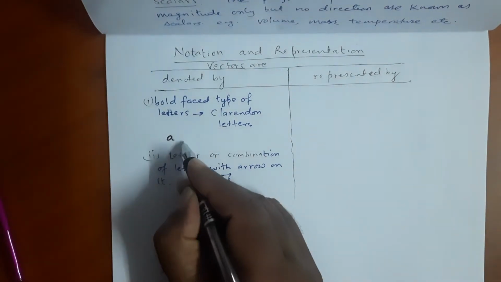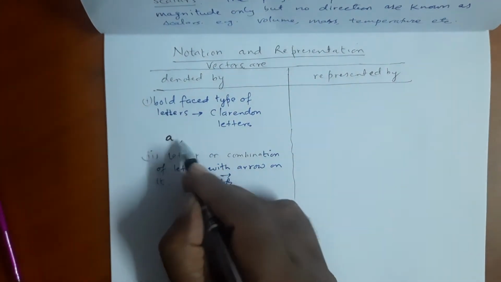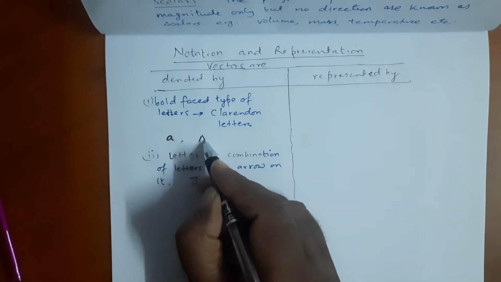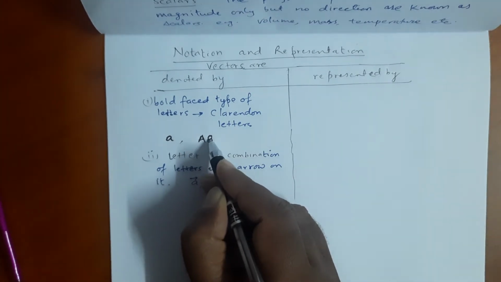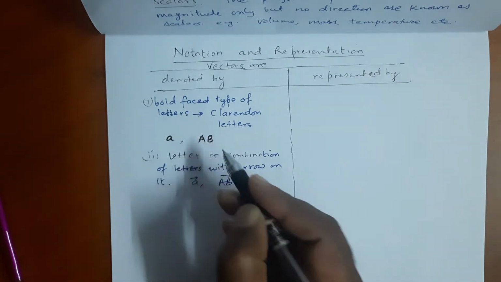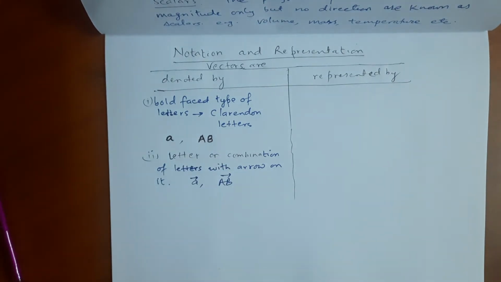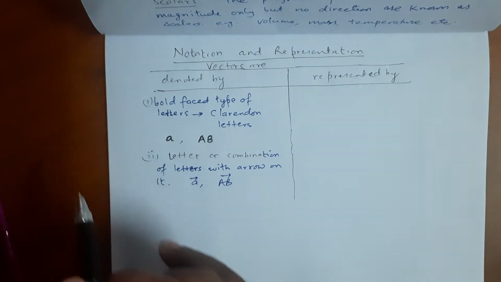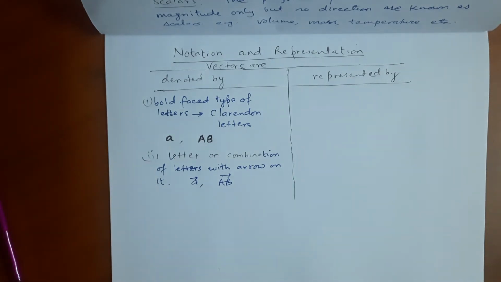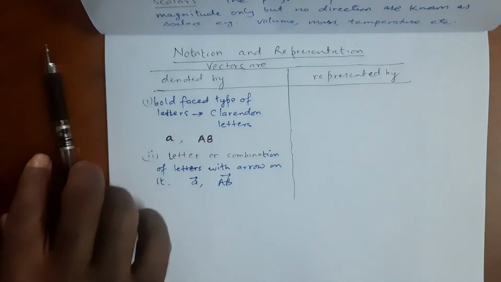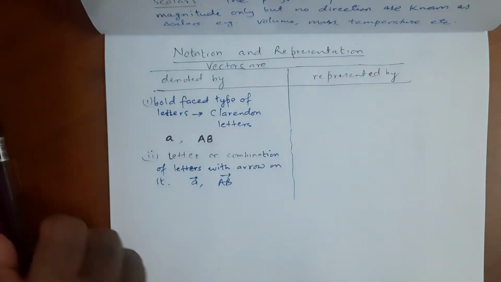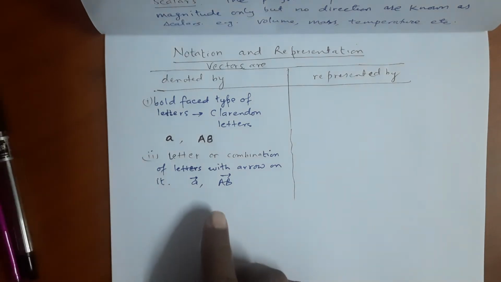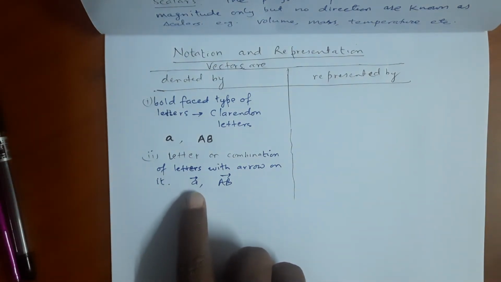Here we can also write the vector A or two letters in boldface type, but this boldface type is not convenient while writing, so it is not used in writing. In the same way, scalars are denoted by the letter only, without an arrow on it.